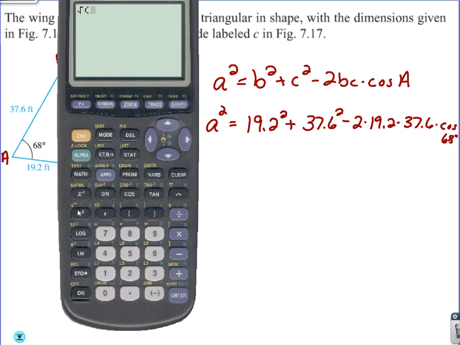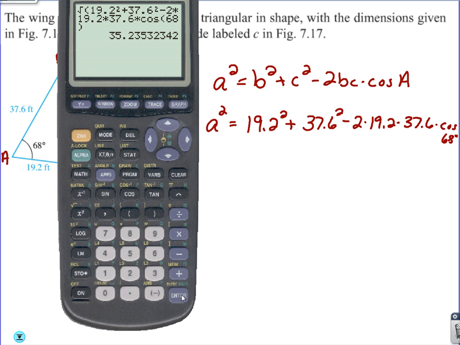The square root of 19.2 squared, which by the way, stopping there, that would be 19.2, but since you have all those plus and minuses, you can't just take away squares. Okay. Square root of 19.2 squared plus 37.6 squared minus 2 times 19.2 times 37.6 times the cosine of 68.